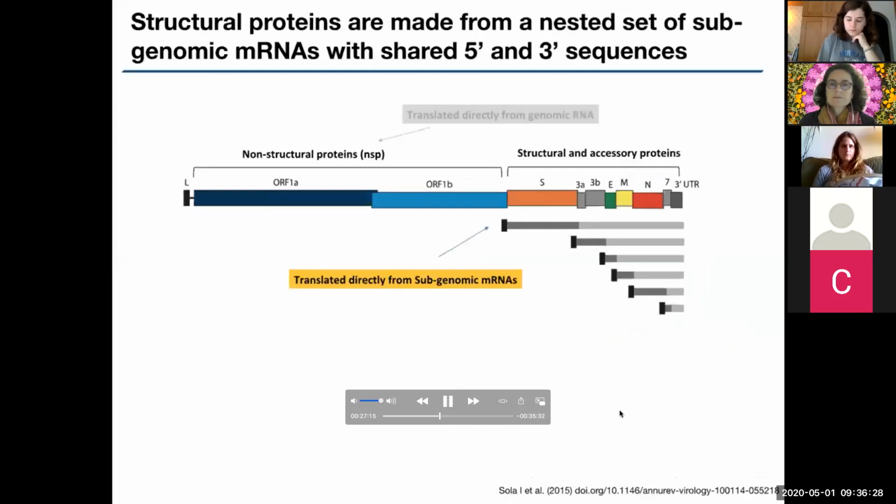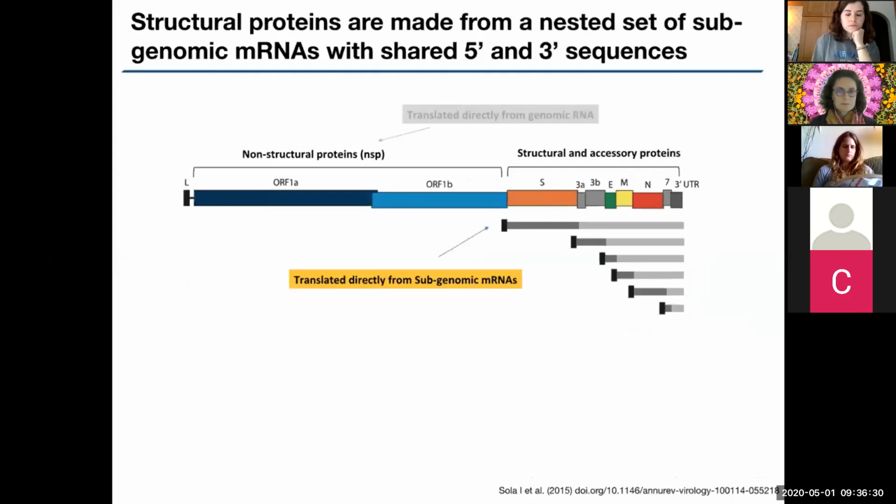Then that protein is processed, as I mentioned, but how do you get production of all of the rest of the proteins that are found on the 3' end of the viral genome, the structural and accessory proteins? These are made from basically a nested set of what are called subgenomic RNAs that are all 3' coterminal.